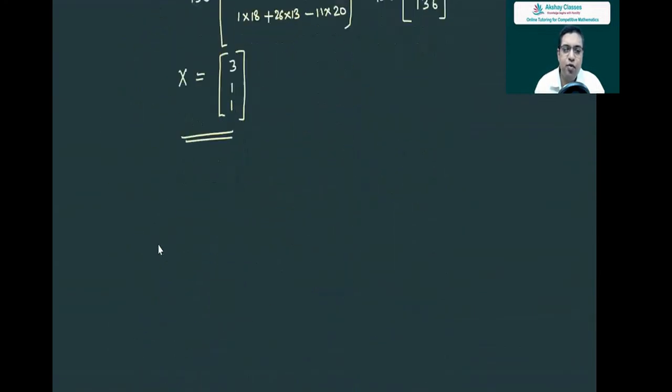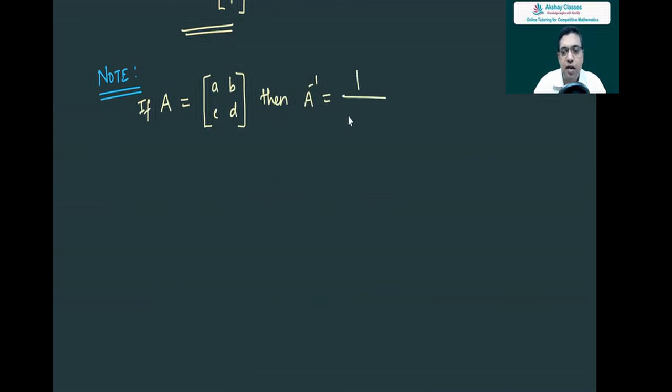Interesting thing, a tip for the objectives: if it is a 2 by 2 matrix, if A is [a, b; c, d], then A inverse, you should just remember, is 1 by ad minus bc. This ad minus bc is nothing but your determinant.